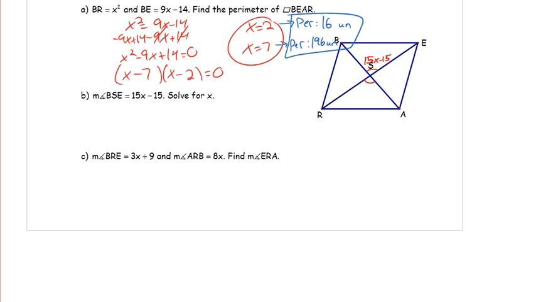Well, going back, if we look at our rhombus properties again, this is actually a right angle here, here, and there. In other words, boom, 15x minus 15 equals 90. I'll let you guys solve for that, find out what x is.